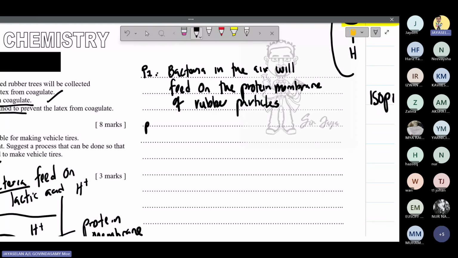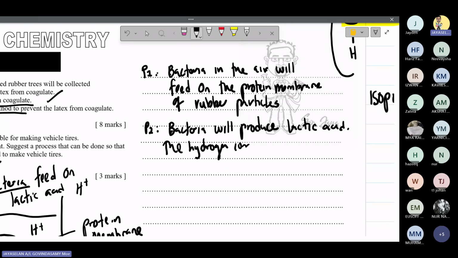Okay, then point number 2, so the bacteria will produce lactic acid. Then you sambung the hydrogen ion from the acid. Acid will do what? Mesti ada perkataan ni.